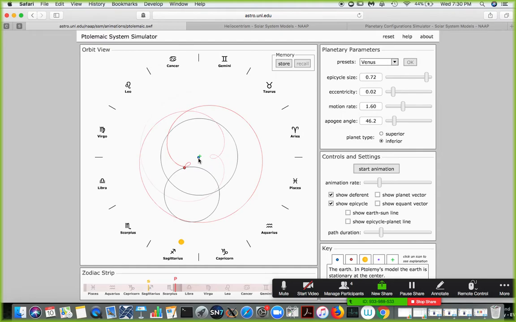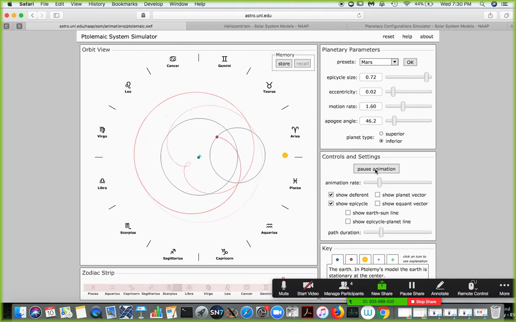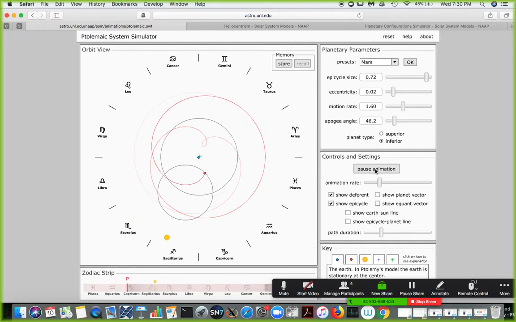And then it matched observations quite well. Mars, since Mars's orbit is very elongated, was giving some problems for this type of model and was not fitting with good results.